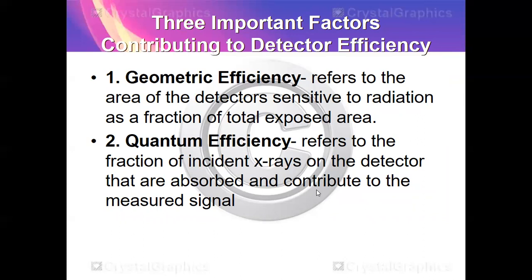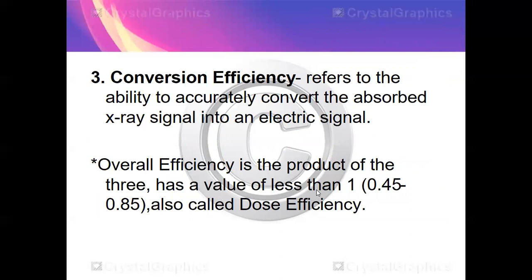Quantum efficiency refers to the fraction of incident X-rays on the detector that are absorbed and contribute to the measured signal. Yung quantum efficiency naman is tinitingnan kung ilang percent ng radiation ang na-absorb niya and converted into signal. While the conversion efficiency is the ability to accurately convert the signals into electrical signals.